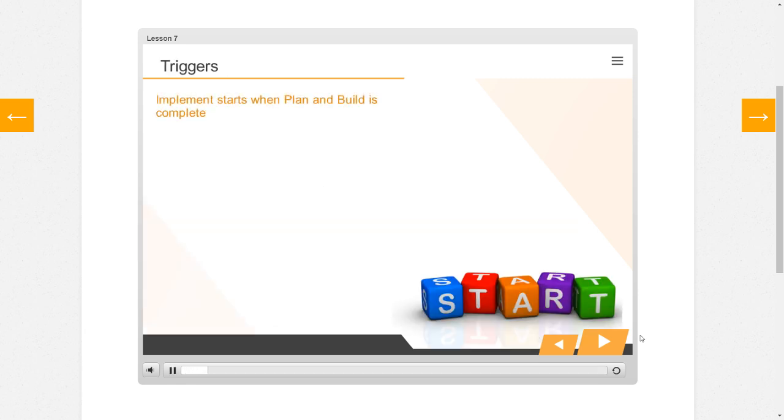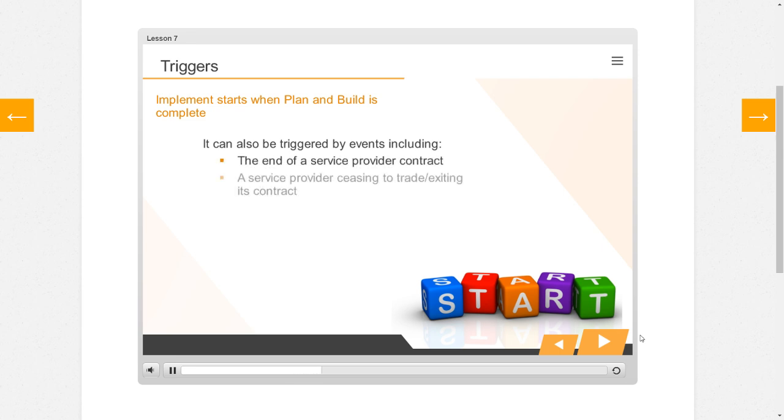Implement begins when Plan and Build activities are complete, but in the real world, there can be other external events that trigger the stage. These could include the end of an existing service provider's contract, an existing service provider ceasing to trade or exiting its contract with a customer organization, organizational structure changes due to a reorganization or a takeover.